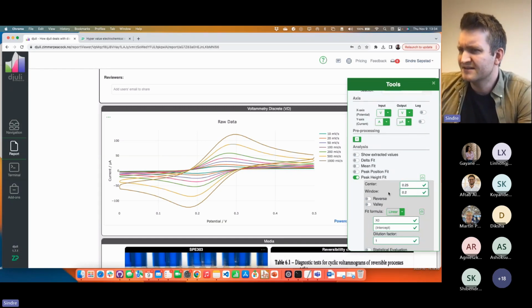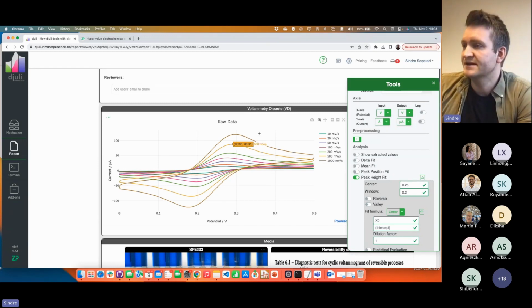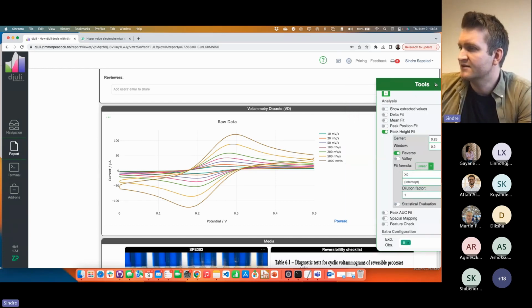Now, notice that in this particular set of data, we start from the right. So we go from a high potential down to a low potential and up again. So actually this here is the reverse peaks. I'll have to check that as well. Let's see what that looks like.